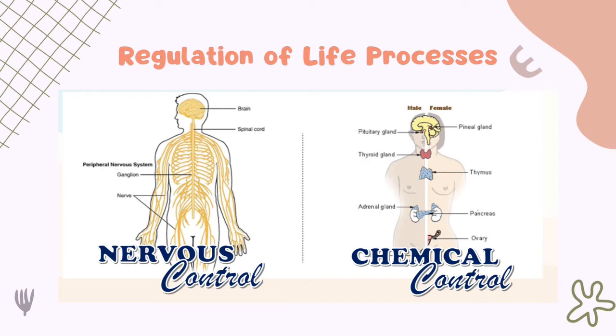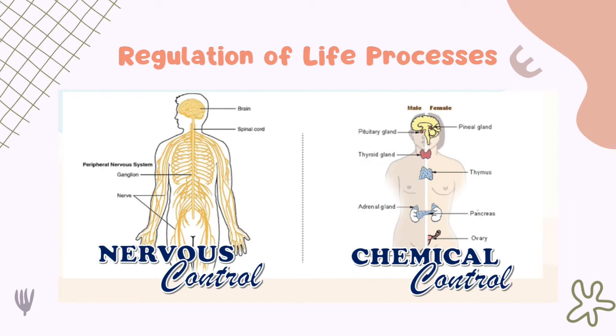Next, the nervous control involves the nervous system, so we have here the brain, the spinal cord, and then the nerves. While in chemical control, we have the involvement of all the endocrine glands. We will be discussing that next week. Right now we're going to be focusing only on the nervous control.